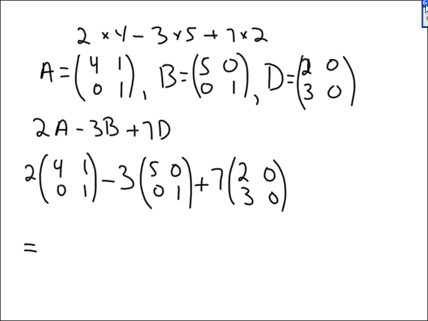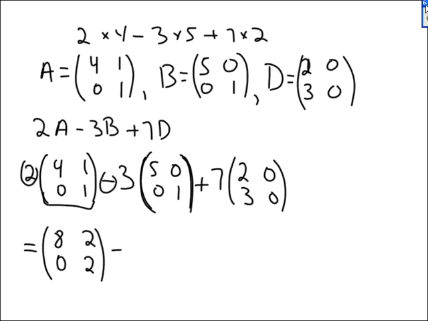Well, when you multiply matrix A by 2, you get 8, 2, 0, 2. Minus, and you multiply this matrix, that is each entry in the matrix, by the scalar 3. 3 times 5, 3 times 0, 3 times 0, 3 times 1.